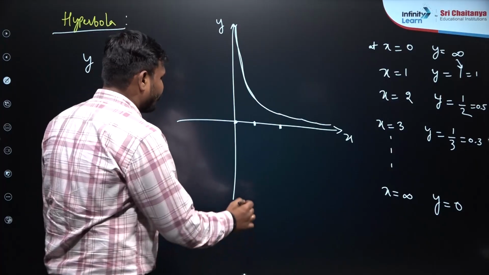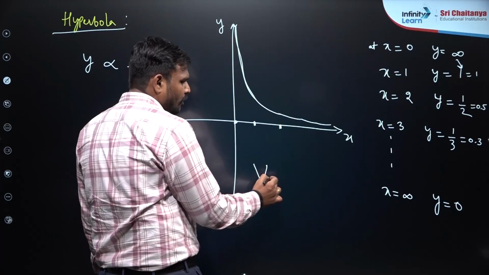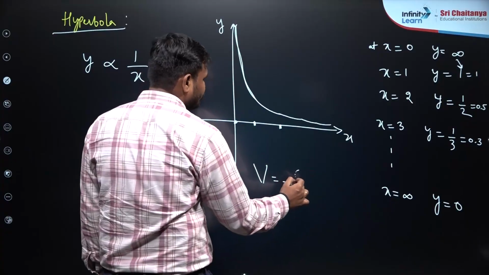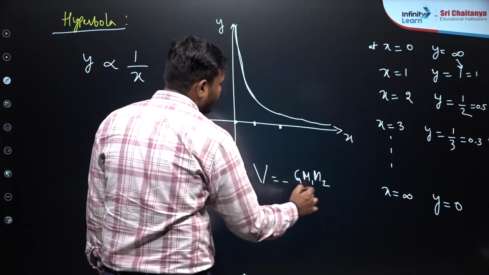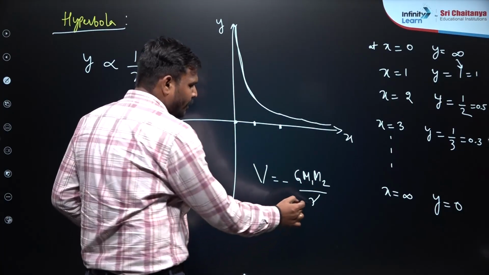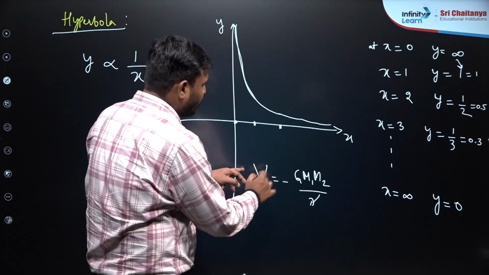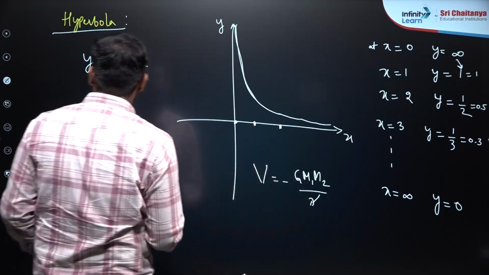And in physics, where we will use, let us say, potential of a gravitation or a body is G m1 m2 divided by distance. So here potential is inversely proportional to radius. So the graph between potential and radius will be a hyperbola.